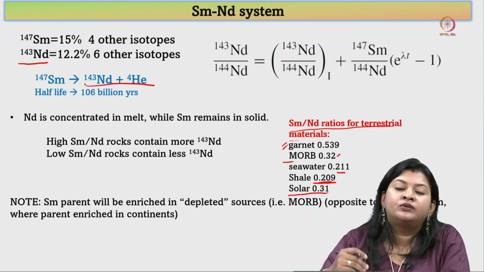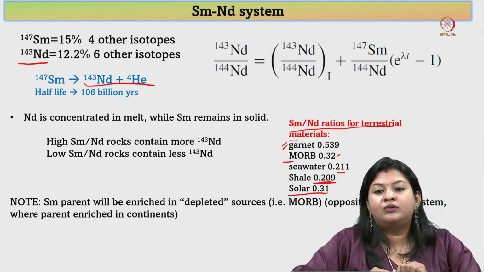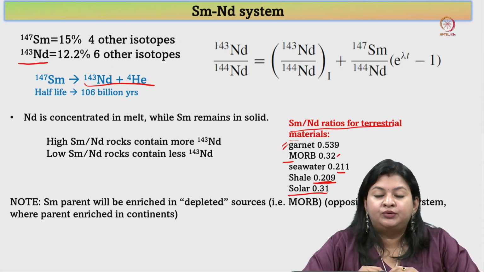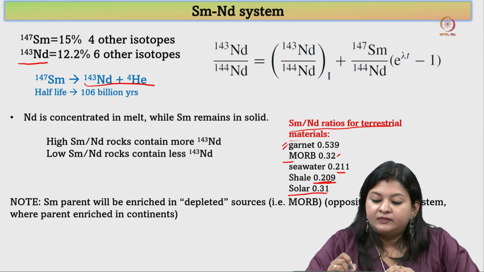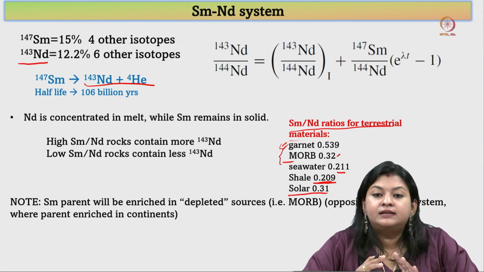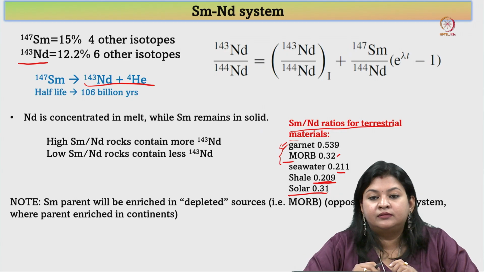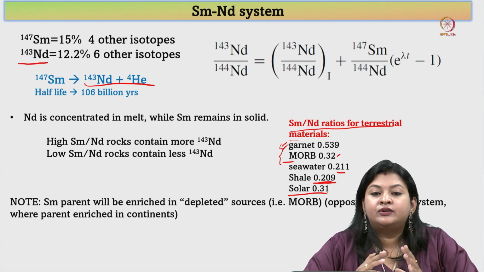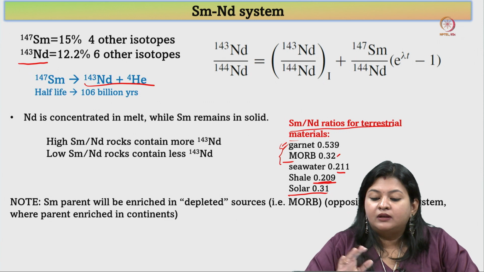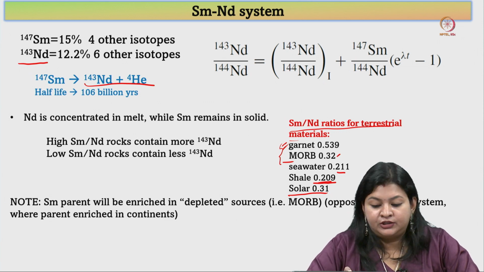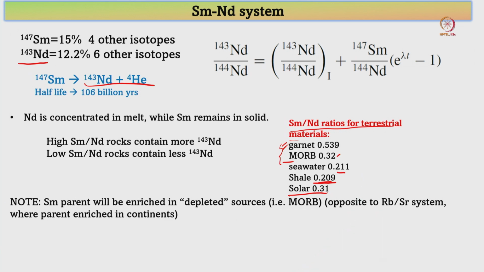This is more related to how the primordial samarium neodymium could have been. Interestingly, mantle related rocks have a higher samarium by neodymium ratio. Therefore, these particular rock types and minerals will have more radiogenic 143 neodymium.